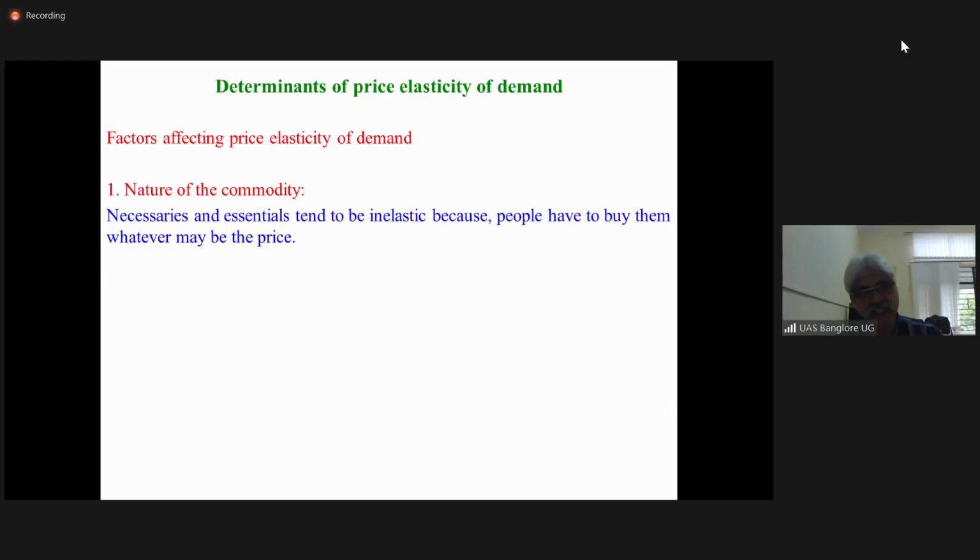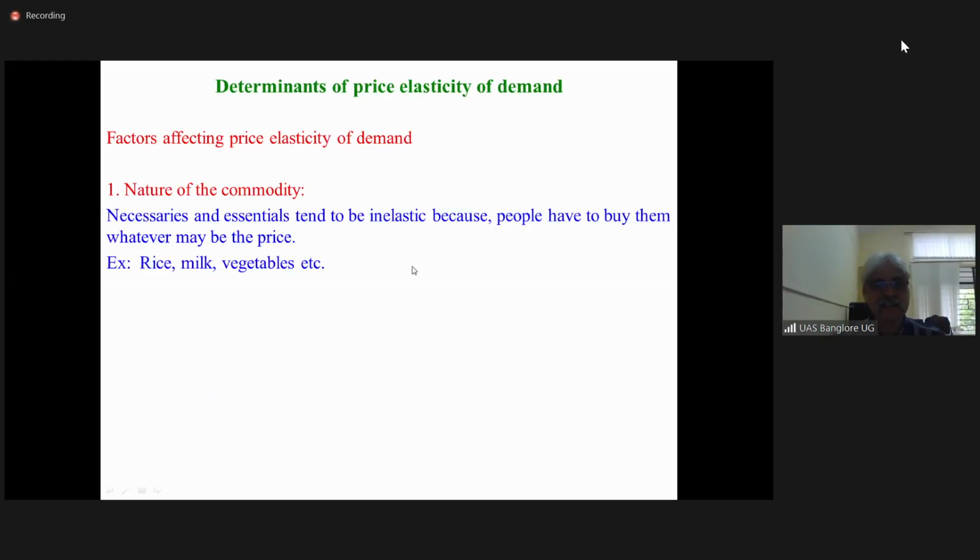If the commodity is a necessary commodity, if it is an essential commodity, then it would tend to be inelastic, because whether price increases or decreases, you have to purchase it. People have to buy them whatever the price. Even if the price increases, they have to buy it because it is a necessity.